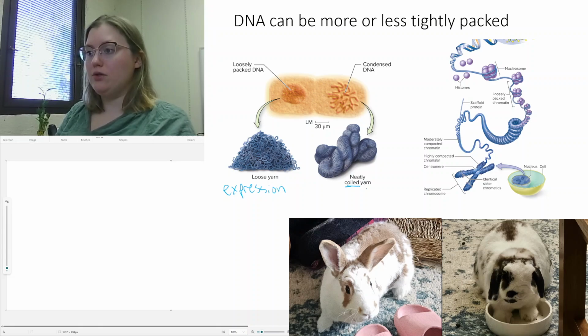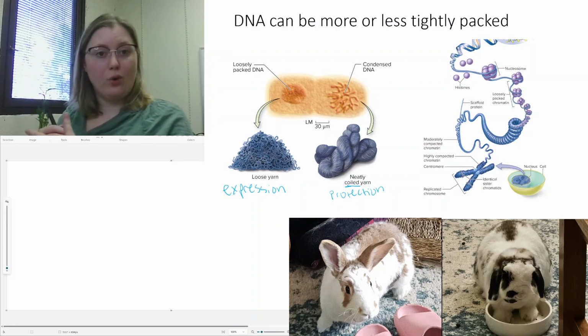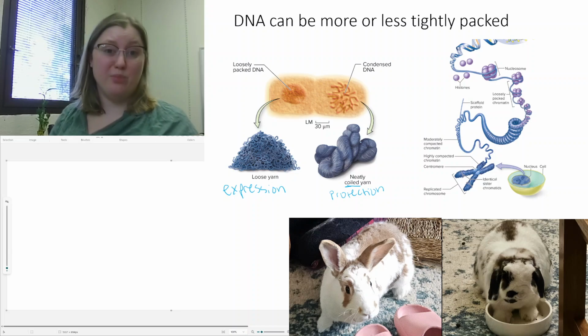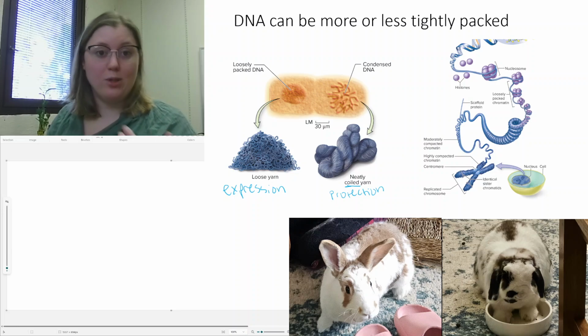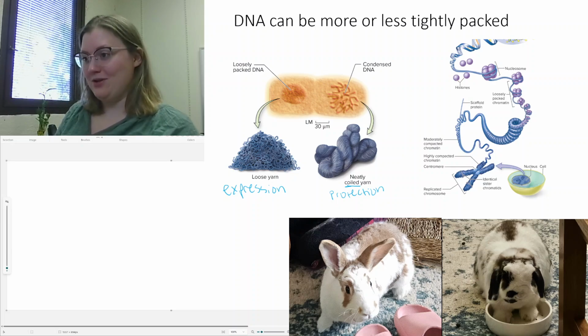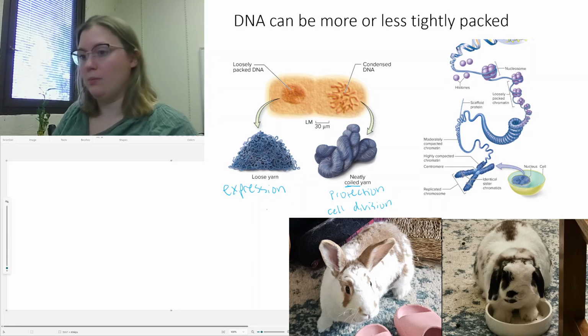Tightly coiled is more for protection. When it's tightly coiled, the DNA is less likely to be damaged. And when we need to move all of our DNA from one cell to another cell, it's important that we not damage it. So tightly coiled means protection, and this is getting ready for cell division.